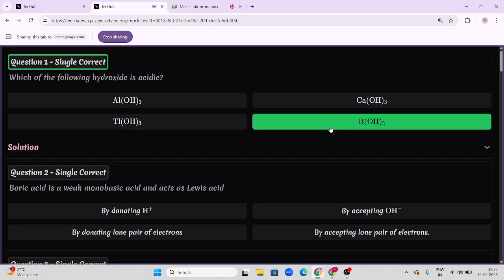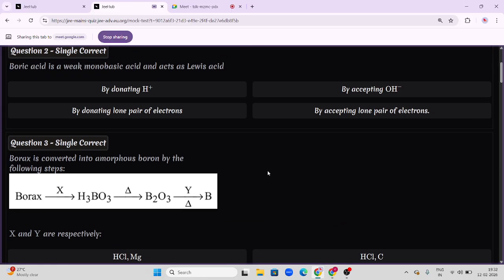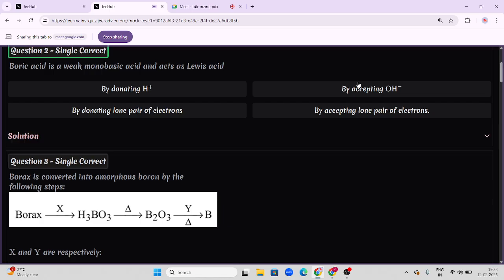Boric acid. The compound is boric acid. That's right. Srinidhi, next question. The question is for you. Second option, ma'am. That's the right one here.